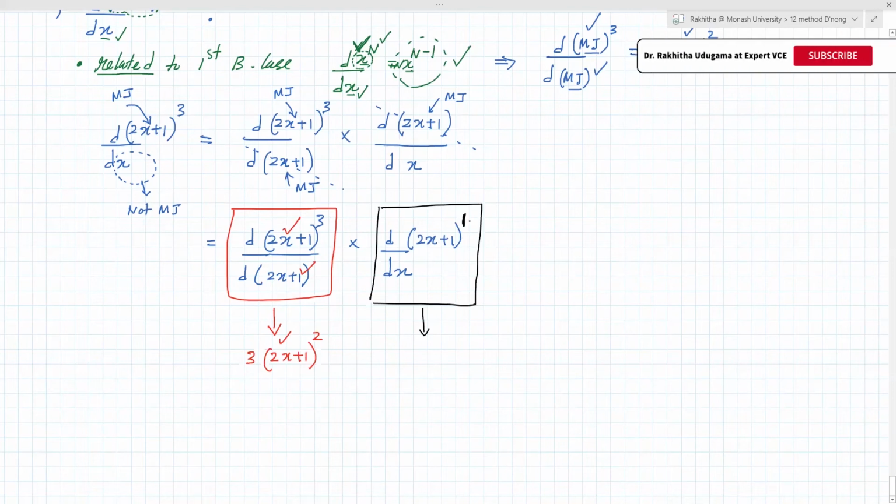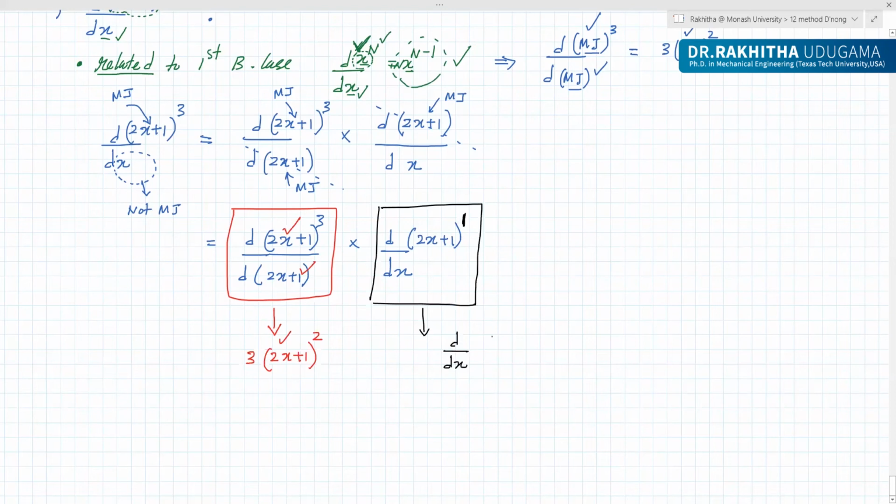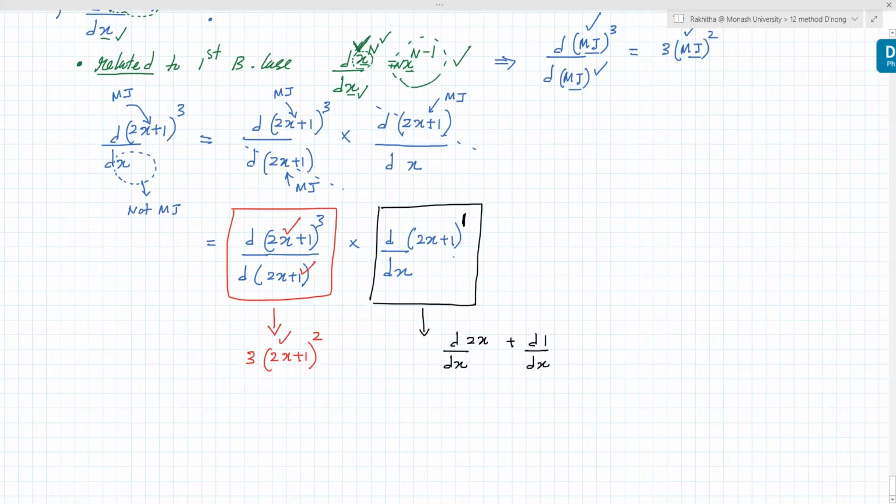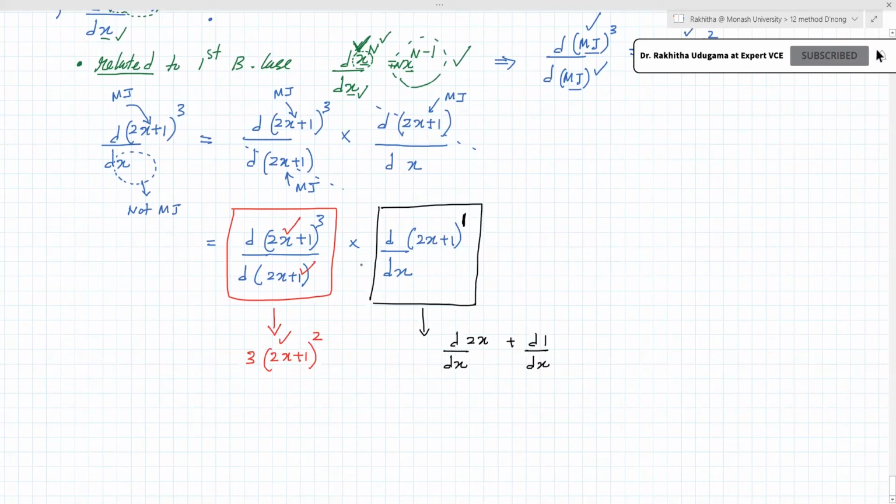You can see this is power 1. Easily you can split it, right? You can say this is d/dx of 2x because of this plus. You don't have to worry about these kinds of constructions. You can just do this. This is very easy, right?